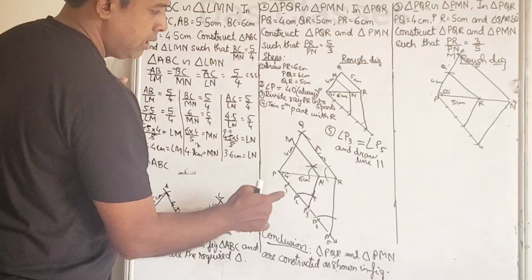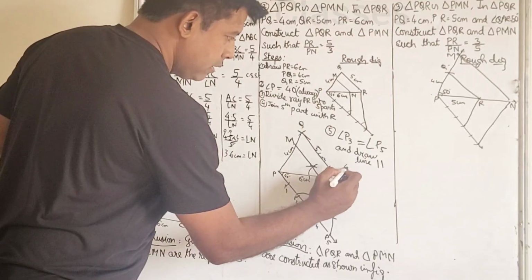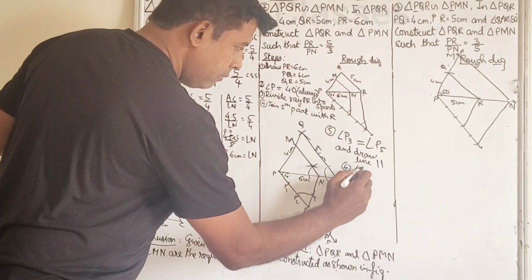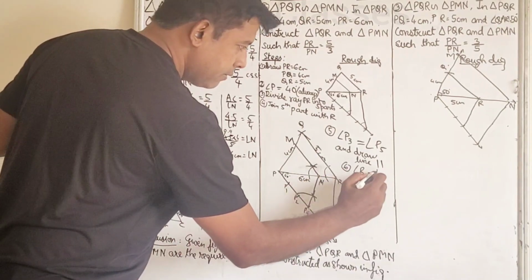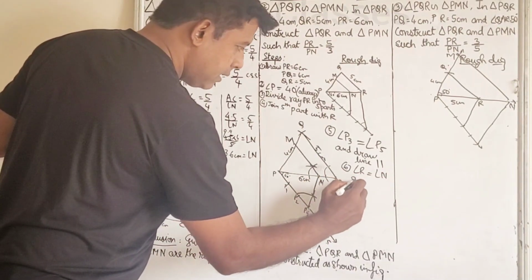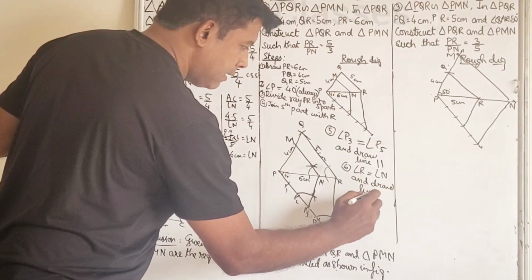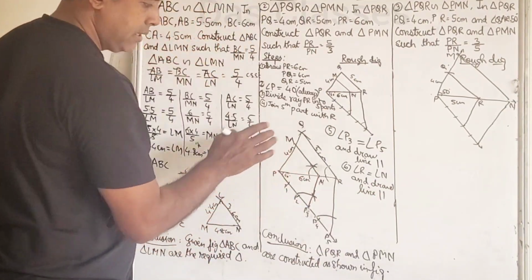That we did. And after that, we made angle R equal to angle N and drew a line parallel, and we got this line. And that's how we did it.